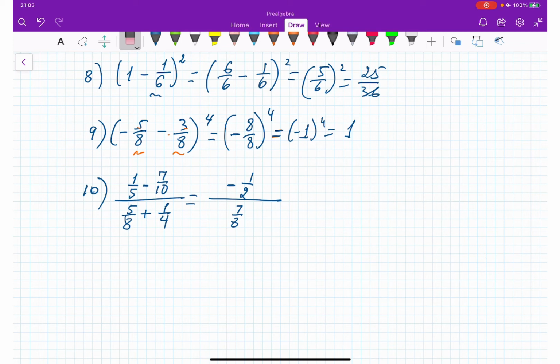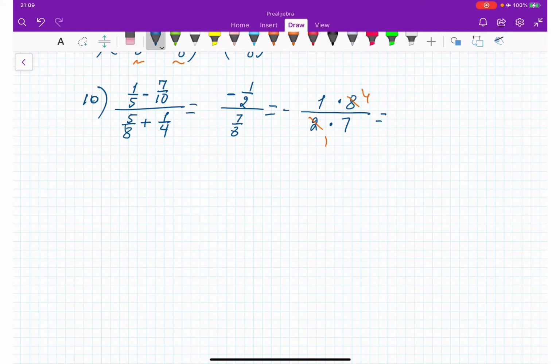This is going to be equal to negative 1 over 2 divided by 7 over 8. We flip it, so 1 and 8, 2 and 8, I can reduce by 2. This is 1, this is 4. And the final answer is negative 4 over 7.